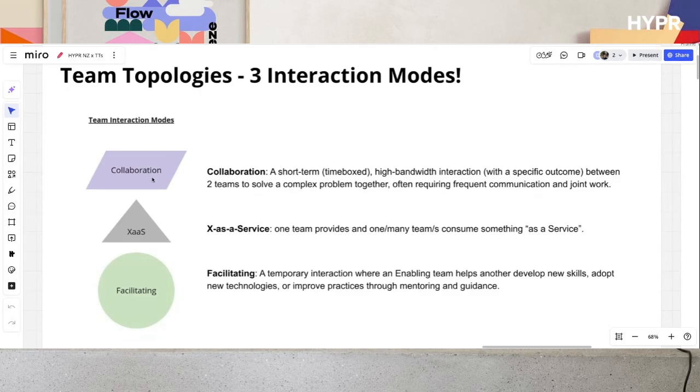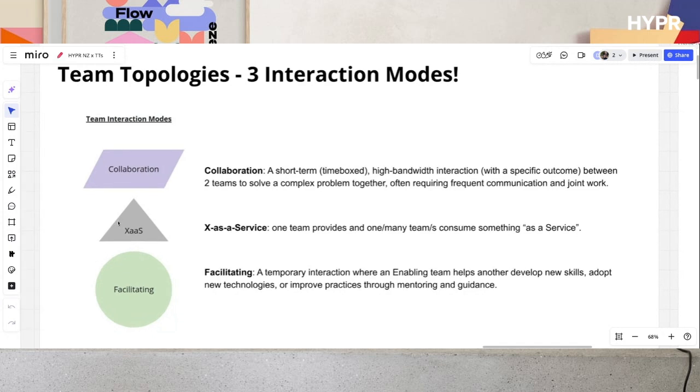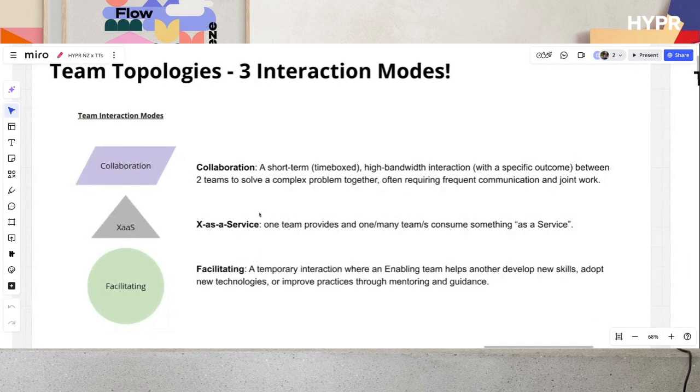The other thing with the collaboration, the interaction modes, is that there's a bit of an evolution pattern as well. We didn't talk about X as a service yet. So X as a service is probably our ultimate interaction mode. And that's where one team provides one or many teams something as a service.